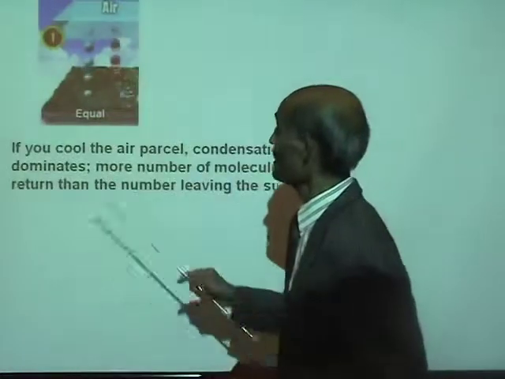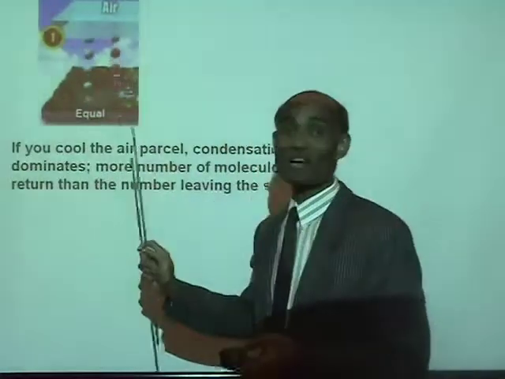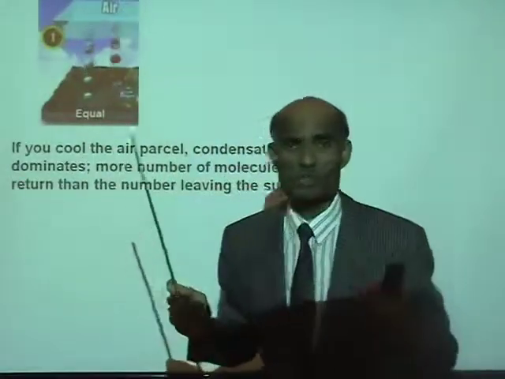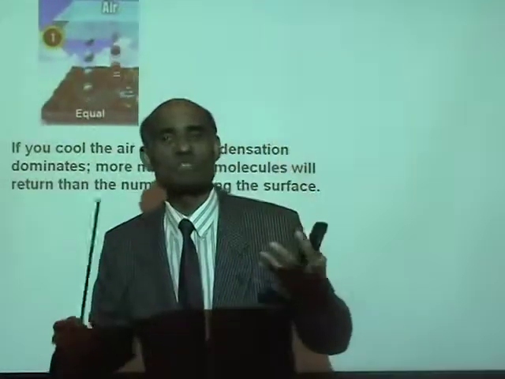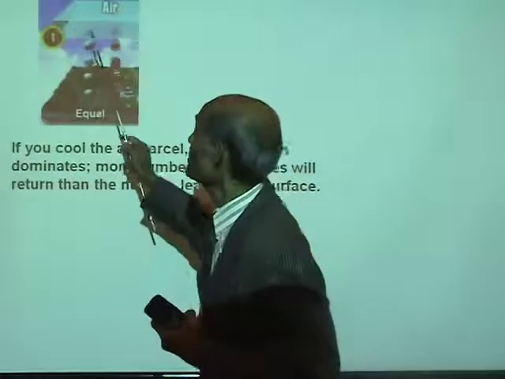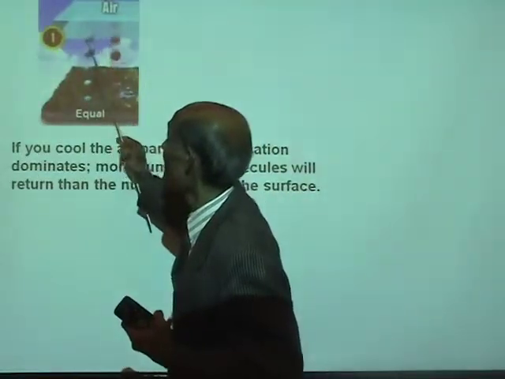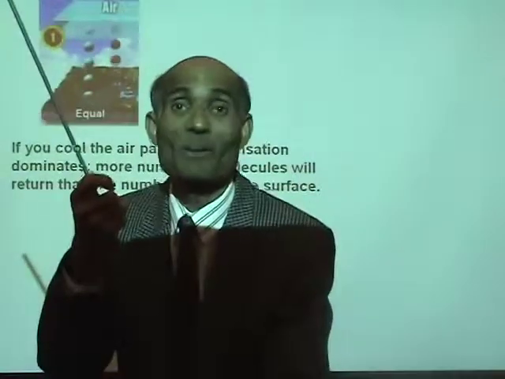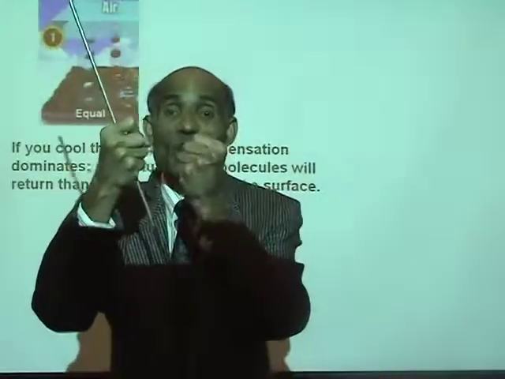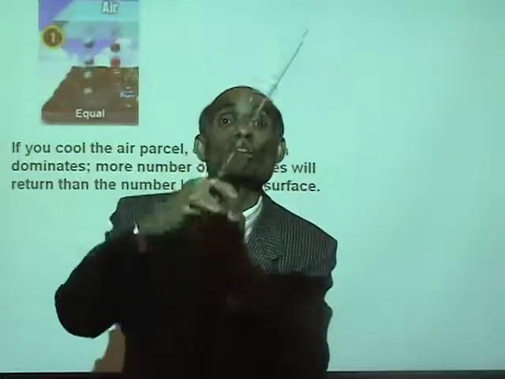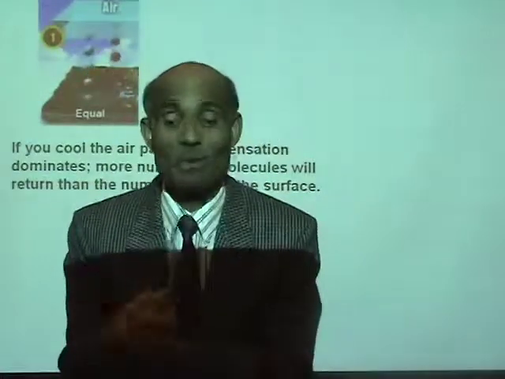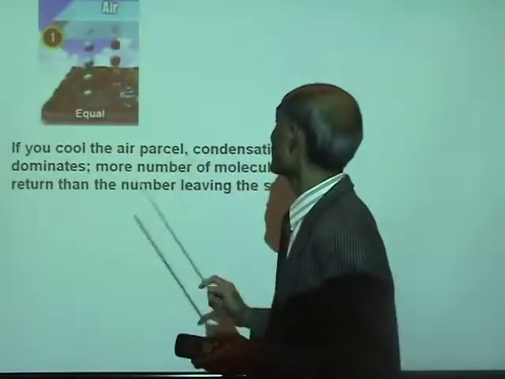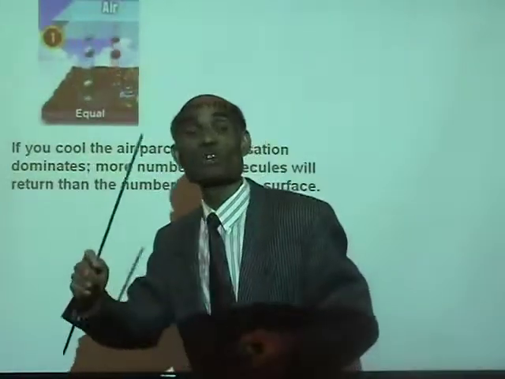On the other hand, if you cool the air parcel, if the temperature of the air is now reduced, what happens? When you reduce the temperature of the air, the vapor molecules will slow down. And when the vapor molecules slow down, they condense back to liquid. So when the parcel of air is cooled down, condensation will dominate.